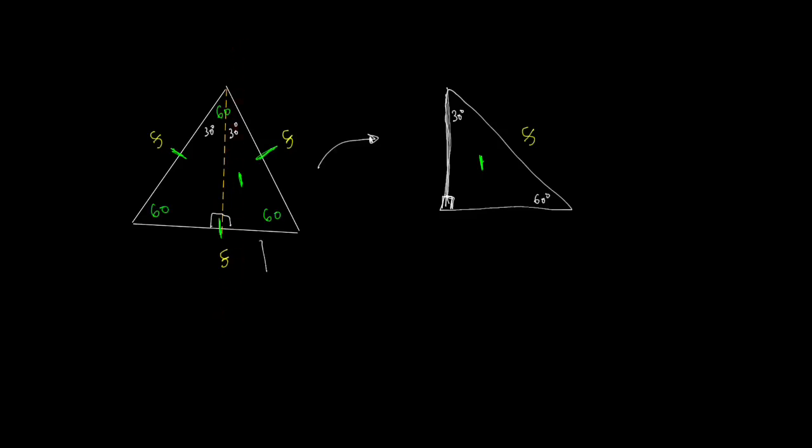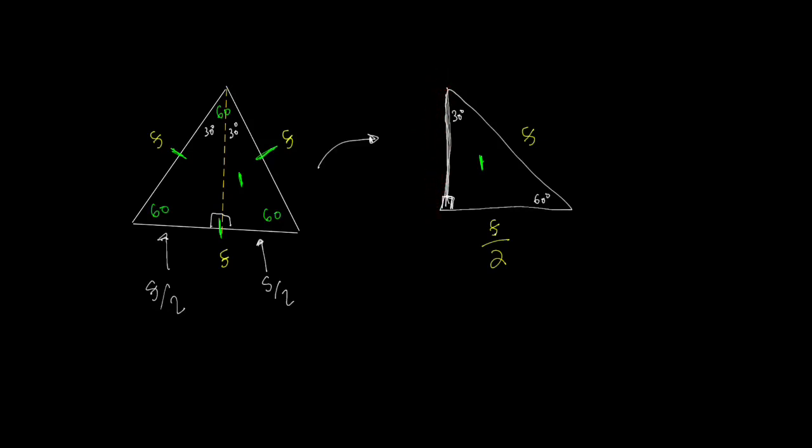So then this length should be S over 2. So here I'm going to write S over 2 for my length. And we can immediately see now why the length that's across 30 degrees is always half of the hypotenuse.